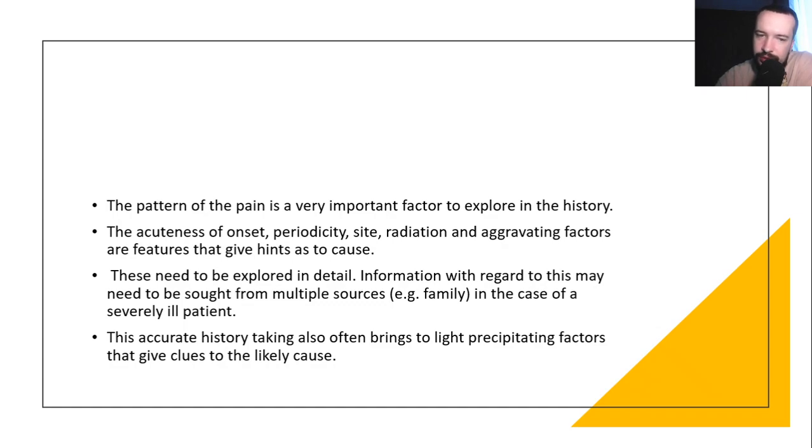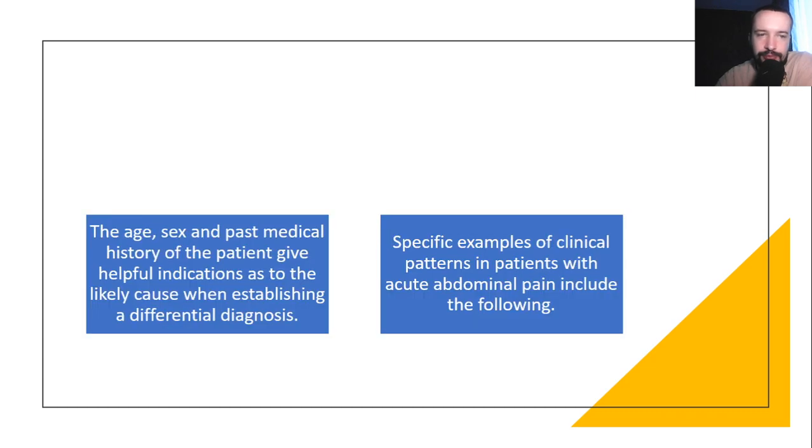The accurate history taken also often brings to light precipitating factors that give clues to the likely cause. The age, sex, and past medical history of the patient give helpful indications as to the likely cause when establishing a differential diagnosis. Specific examples of clinical patterns in patients with acute abdominal pain include the following.